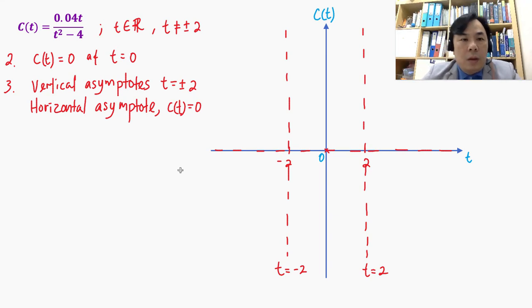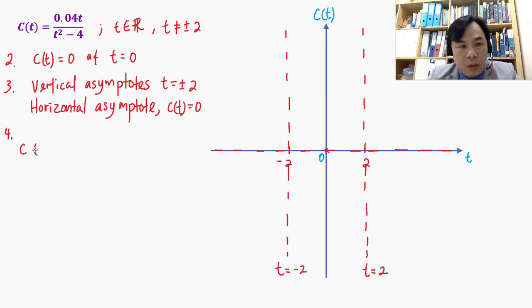Okay, now our next guideline will be to determine its stationary points. Now the same thing here, we are going to work out its partial fraction so that it's easier for us to differentiate, I would say.